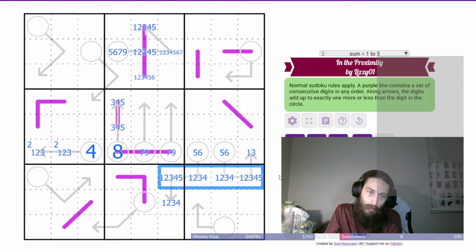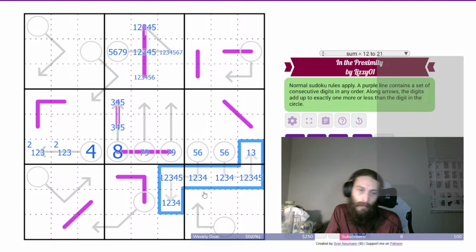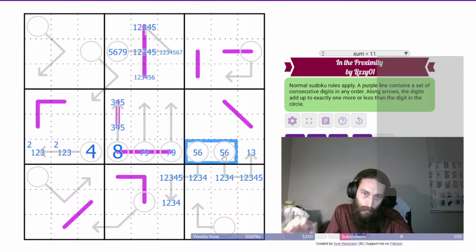Now we know that this is minimum 10, 11, 12. The maximum is 13. The minimum 10 plus 2 is 12. But this is 11.